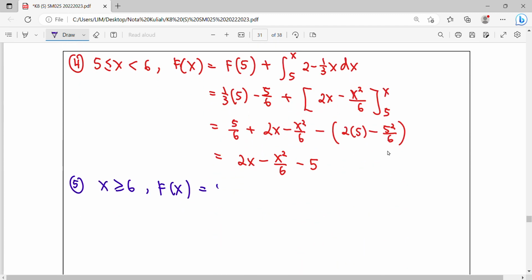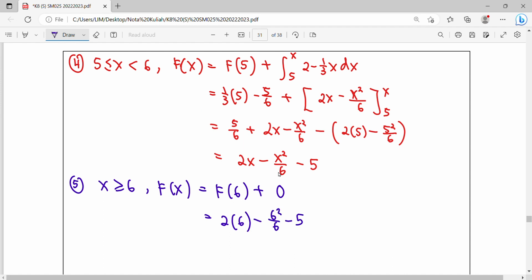So F6. Currently, do you have any interval to 5? No. So currently it is 0. So your last step here, substitute this 6 into the capital F from before. See whether you can get 1 or not.